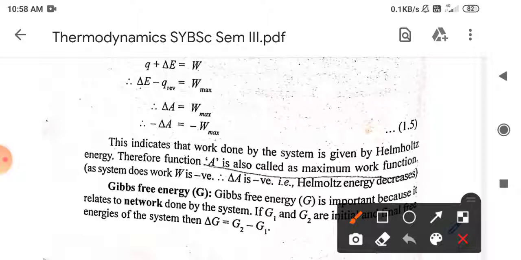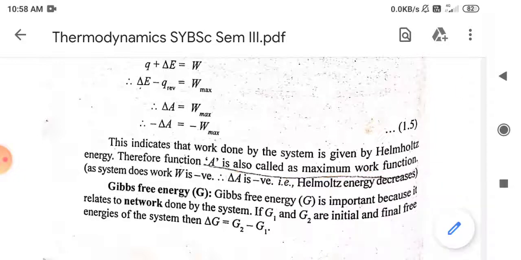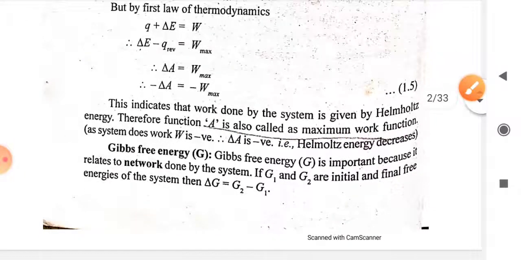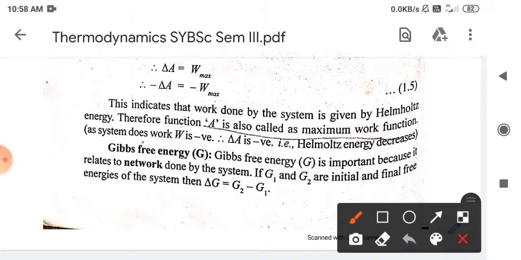So we can say that A is also called the maximum work function. So Helmholtz free energy is the maximum work function. As the system does work, delta A also becomes negative, so the Helmholtz free energy of the system decreases. So that is the expression for Helmholtz free energy.